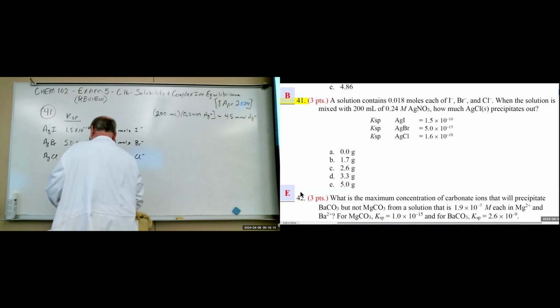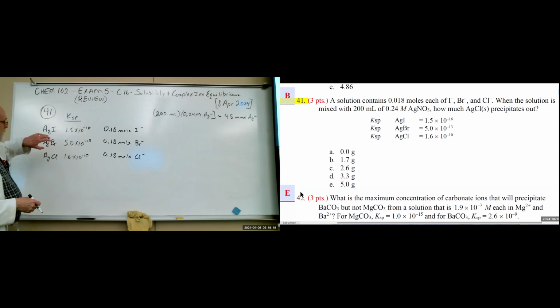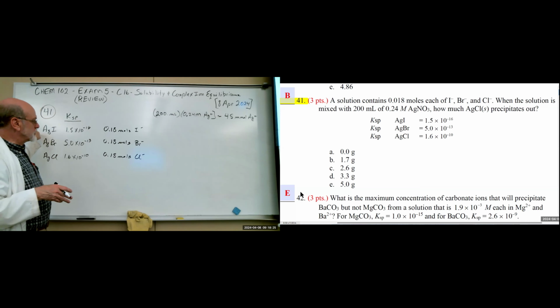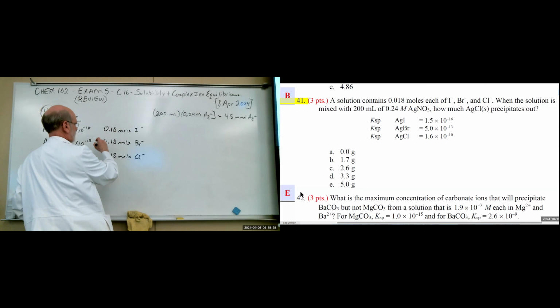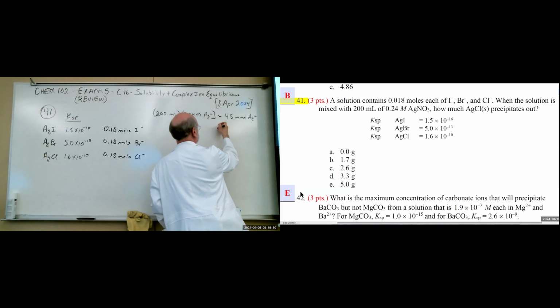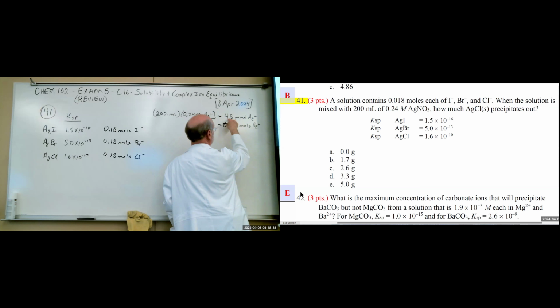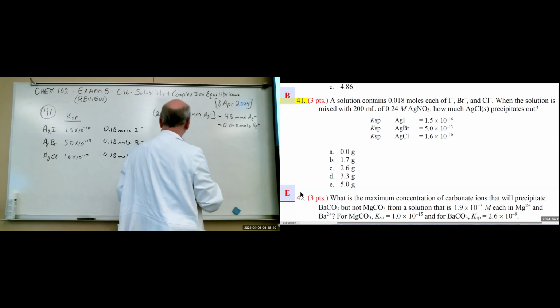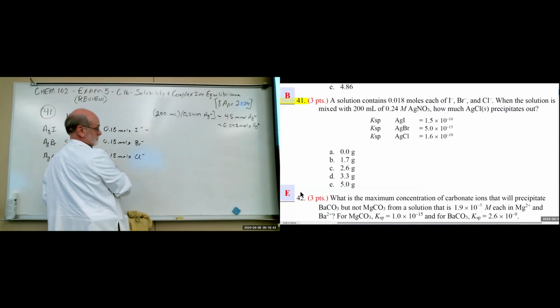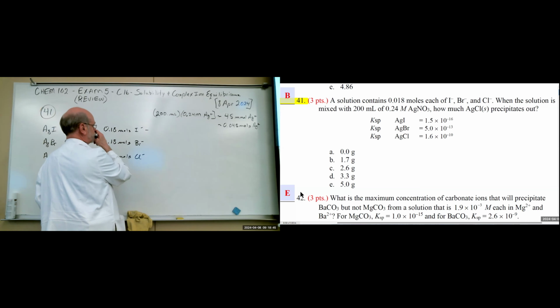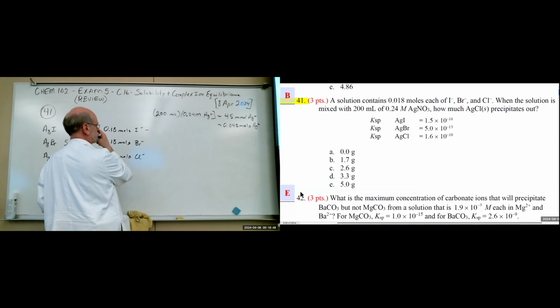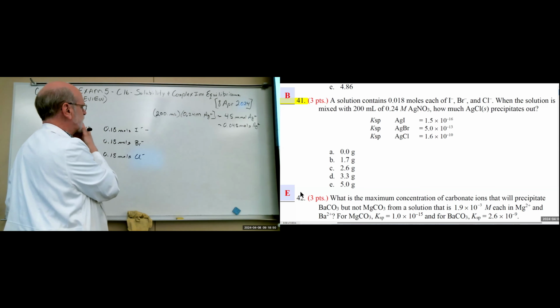Notice the ratio here is 1:1. So 48 millimoles of silver is 0.048 moles. Did I do that right?